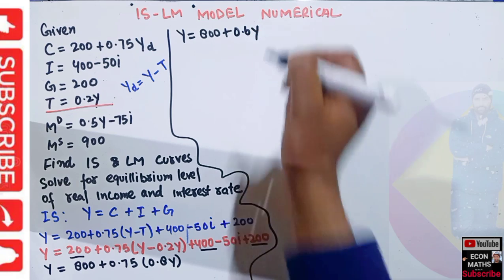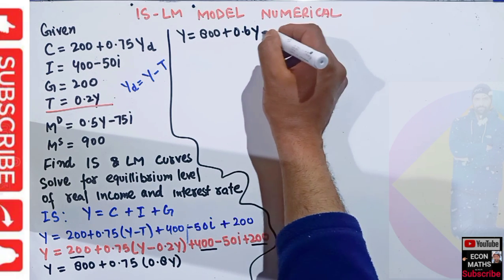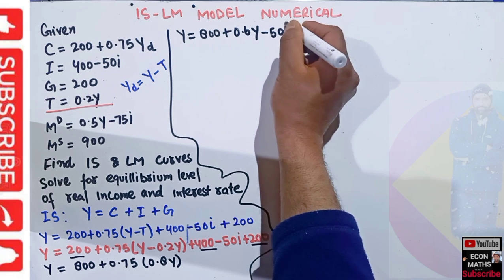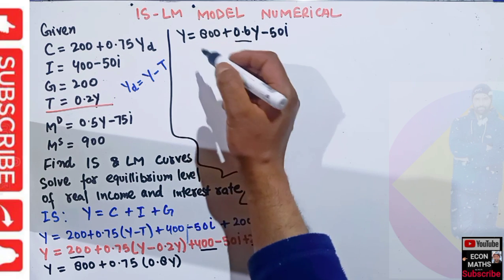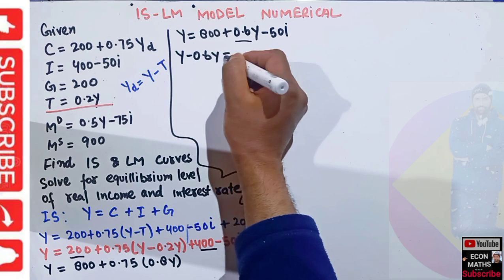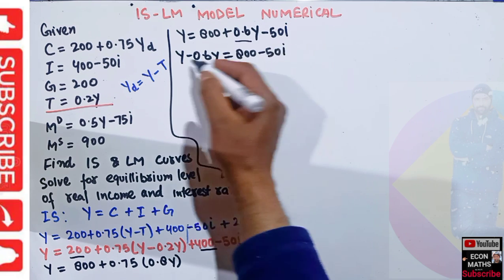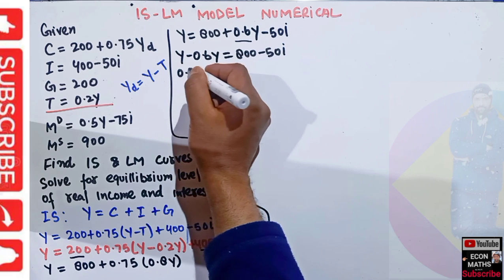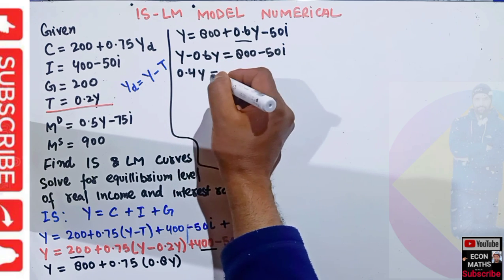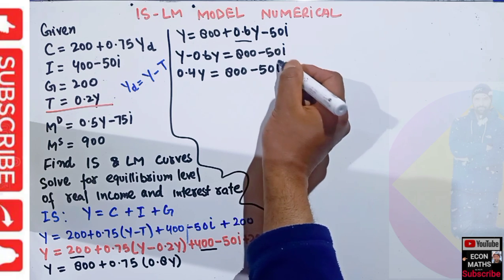I had written it as I, it is Y here, and then we have this minus 50i. Transposing this 0.6Y, it will become Y minus 0.6Y is equal to 800 minus 50i. So subtracting, we will get 0.4Y is equal to 800 minus 50i.